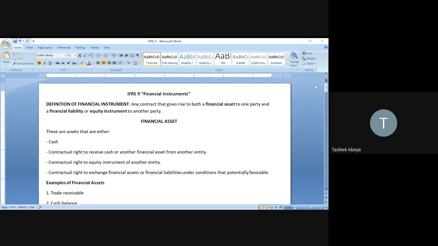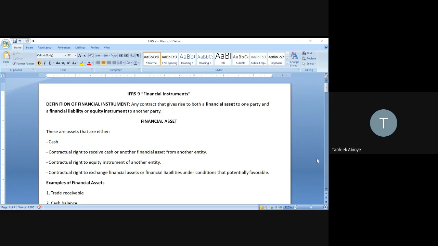That means any other asset that can be realized for more than one accounting year. That is where we have tangible assets, which are PPE, investment property, and the likes. They are assets that can be used for more than one accounting year. If you remember the IAS 16 definition of PPE, that is it.